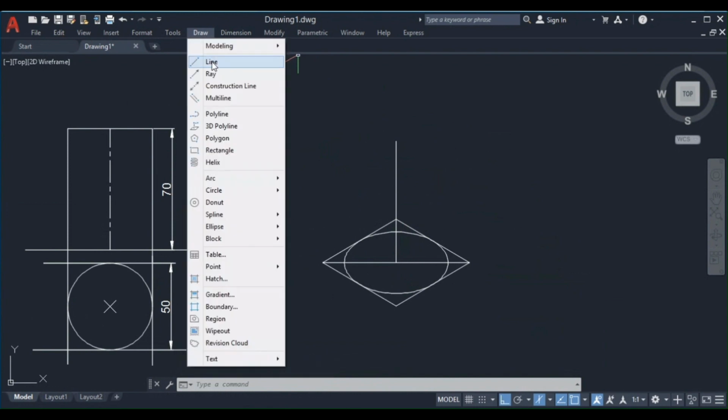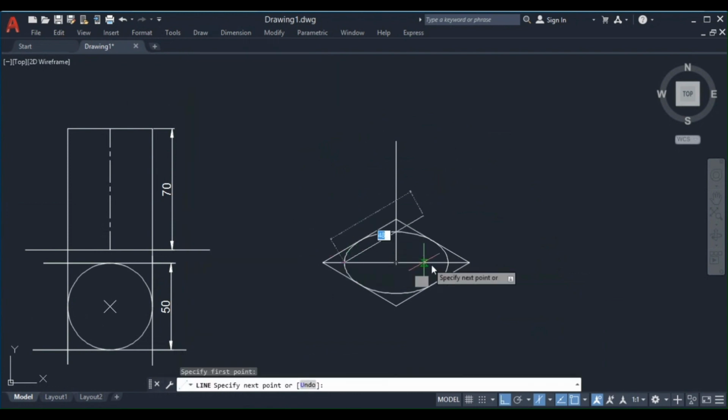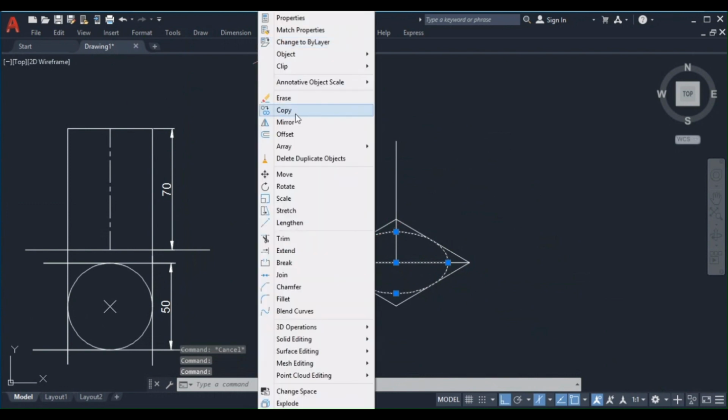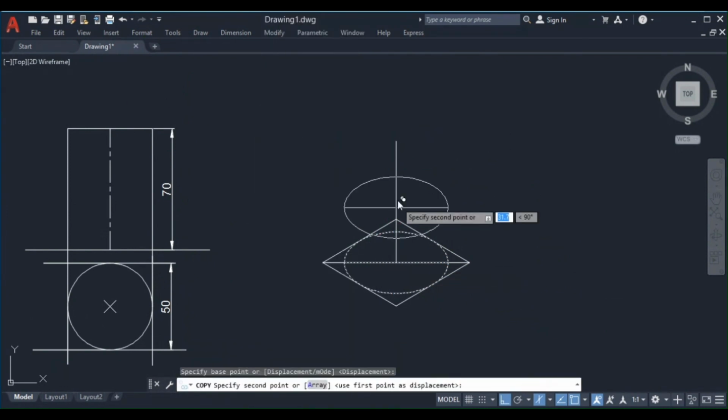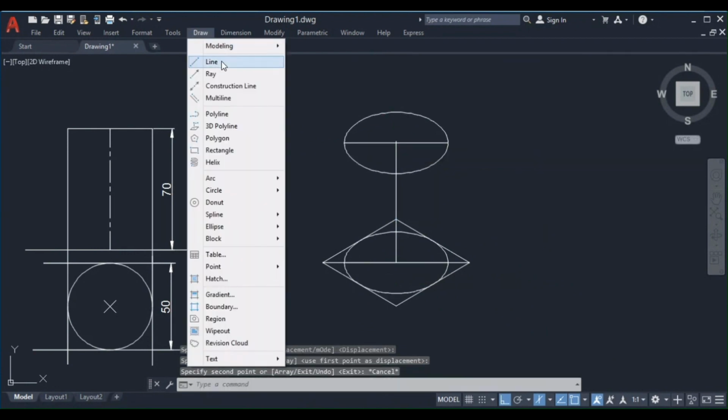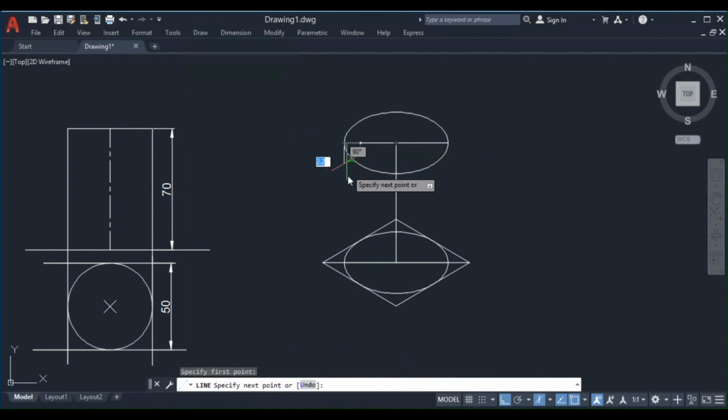And see that this center should coincide with this ellipse. Now join here up to here and join up to here.